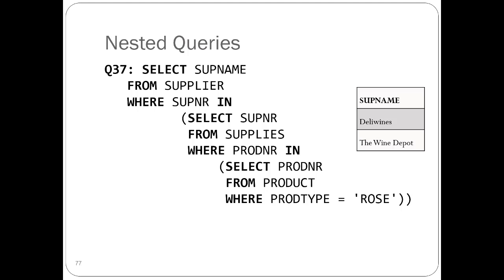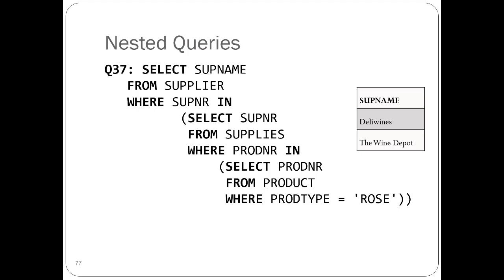We do have the result, but can you guess what kind of query we have written? Or can we write the same query in a simple way? Select supplier name from suppliers where supplier number IN, select supplier number from supplies where product number IN, select product number from product where product type is equal to roses, right?